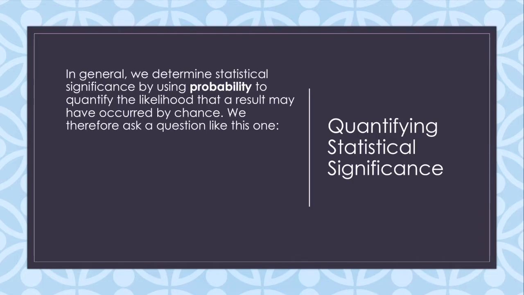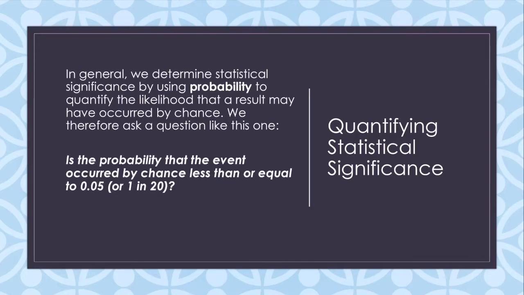To quantify the likelihood a result may have occurred by chance, we therefore want to ask questions like this one. Is the probability that the event occurred by chance less than or equal to 0.05, that'd be 5%, or 1 in 20? In order for something to be statistically significant, we need the likelihood that it occurred by chance to be less than or equal to 1 in 20.